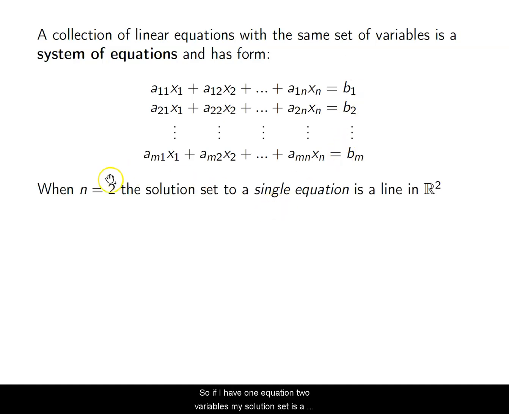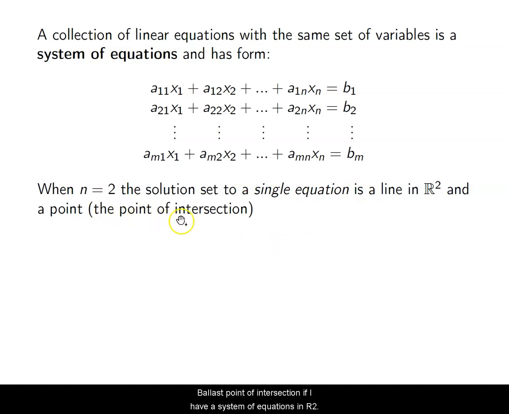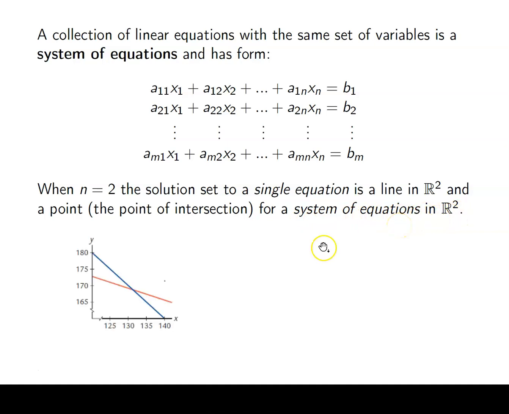So, if I have one equation, two variables, my solution set is a single line. It's an infinite number of values, okay? And my solution is going to look like a point in R2, okay? In fact, it's the point of intersection if I have a system of equations in R2, right? So here I have two equations in two variables.